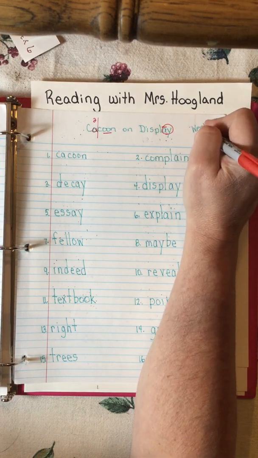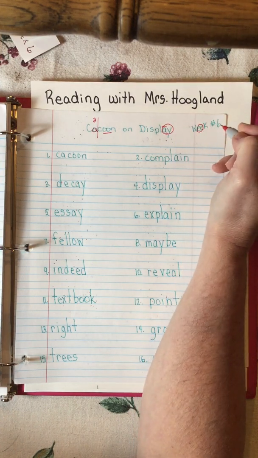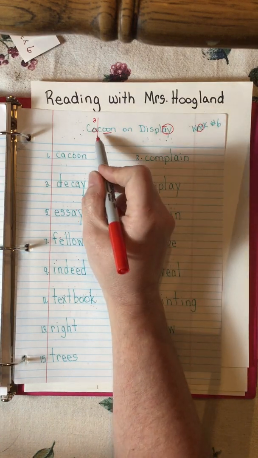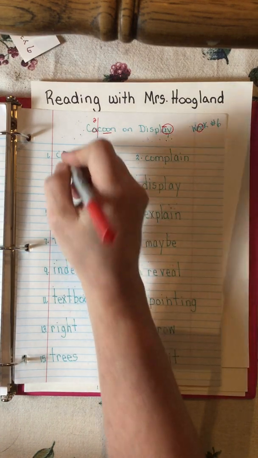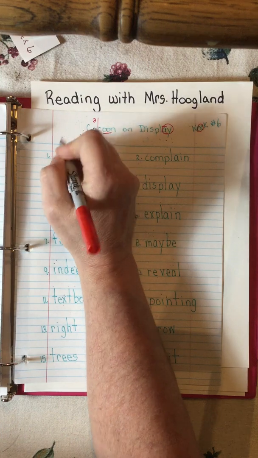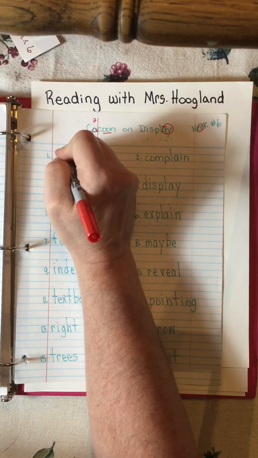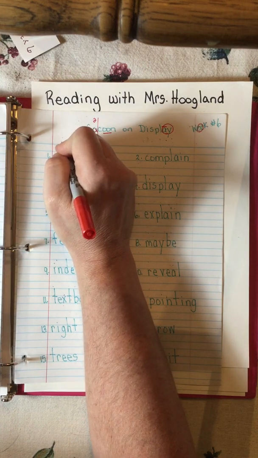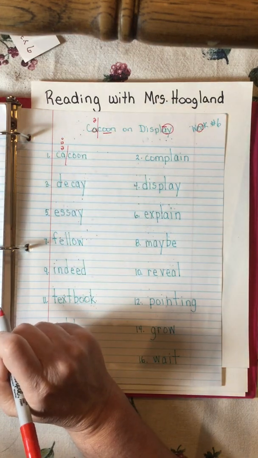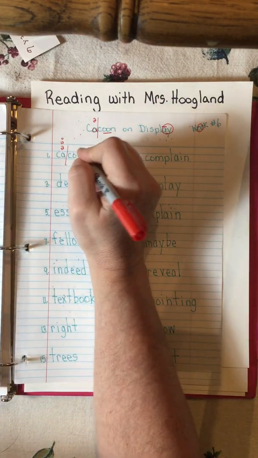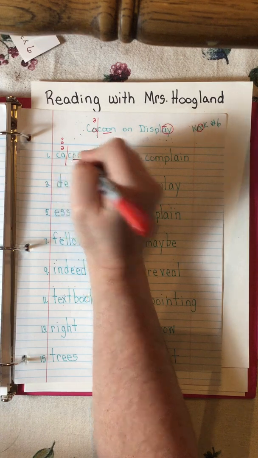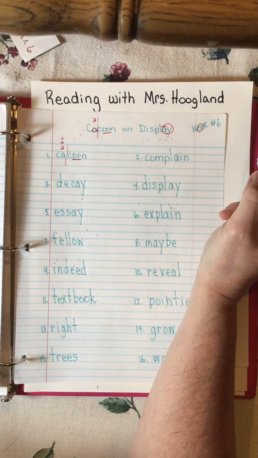And then double E says what? Long E. We did cocoon already up here. Like I said, the first part is saying the schwa sound, which is a short U, and then we know that O-O says oo, cocoon.